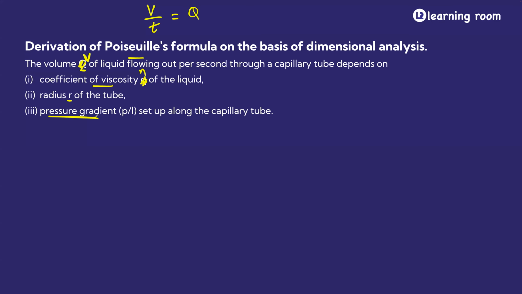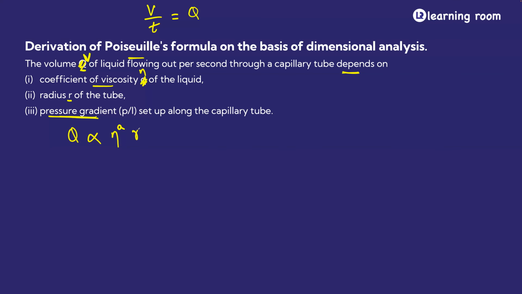Right? Now you tell me, if they are saying that Q is directly proportional to what are all the parameters? They use the word, it depends on. So I don't know whether it is going to be directly proportional or inversely proportional, but these parameters will be involved in the expression. So what should I write? I will say the rate at which the liquid is flowing is directly proportional to eta. You know the dimensional analysis, right? What will we do? Eta power A, and it depends on the radius of the tube.